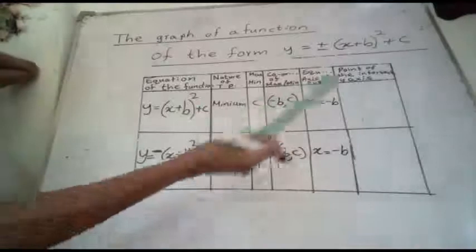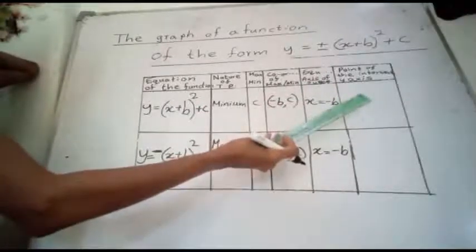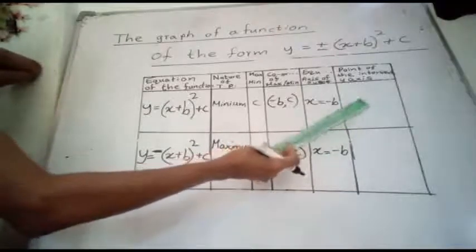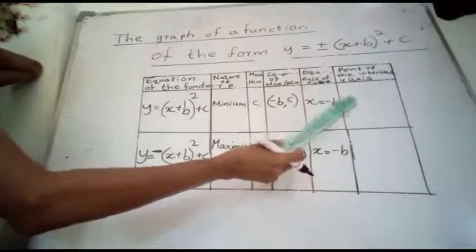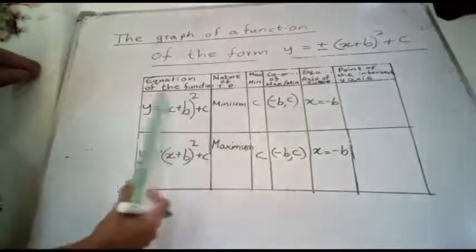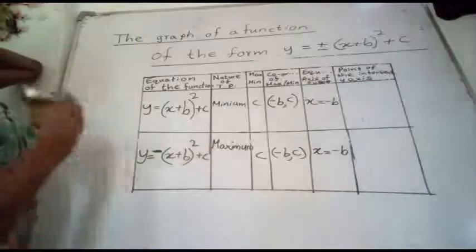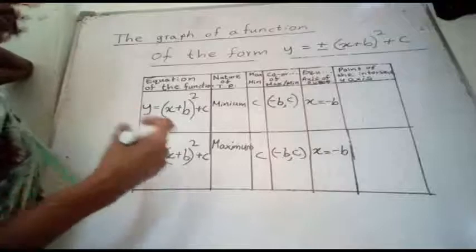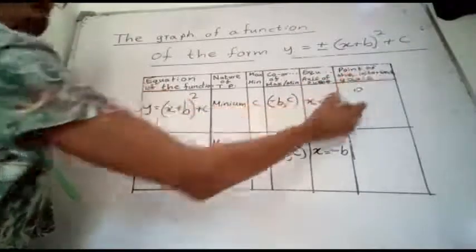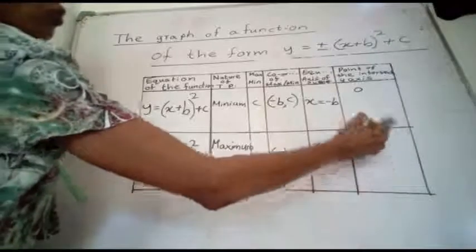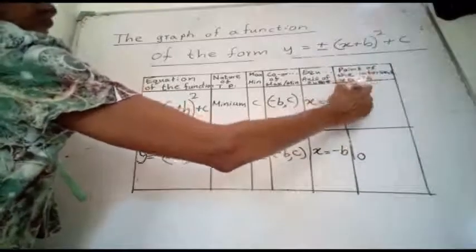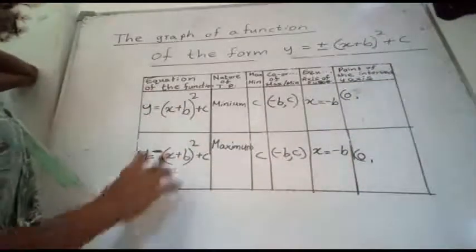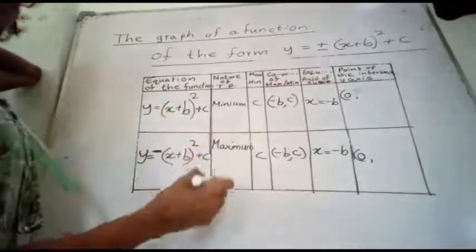The point at which the function intersects the y-axis. Every point on the y-axis has x coordinate 0. Then the y coordinate is b squared plus c.